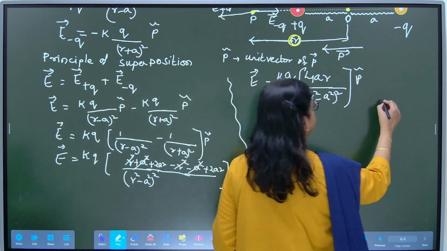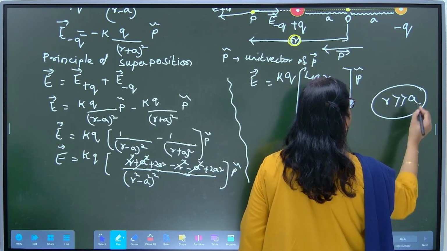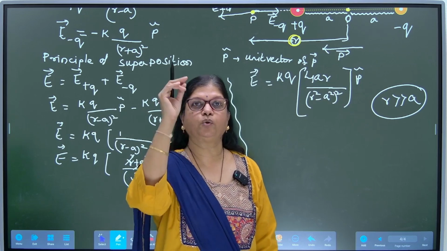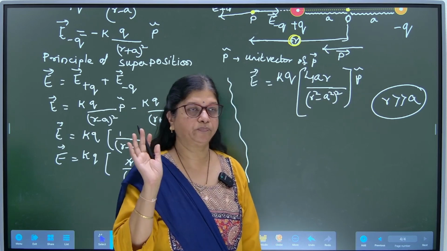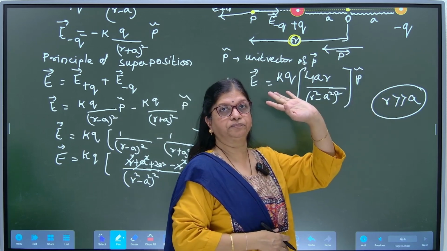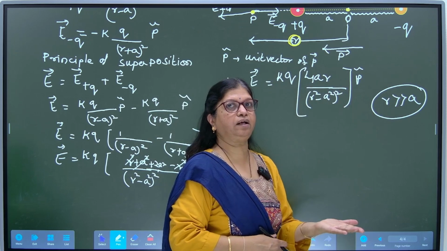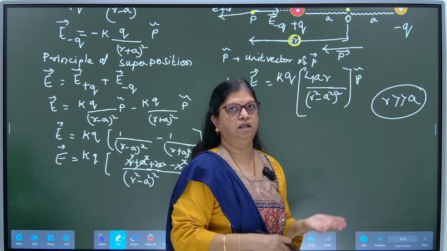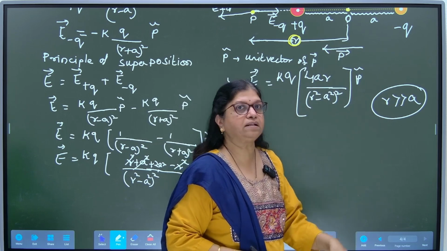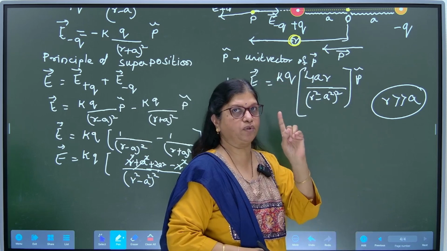So let us consider a case in which R is very much greater than A. R is very far. Point P is very far from the dipole center itself. So in that case, we can neglect A compared to R. Neglect, not zero. I'm saying neglect it. A is definitely there because we have taken 2A as the distance between plus Q and minus Q. So A we can neglect in comparison to R, where R is the distance between the center of the dipole and the point P which we have taken.